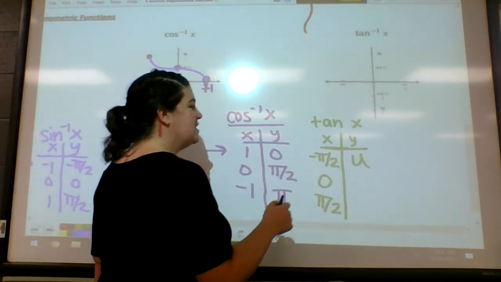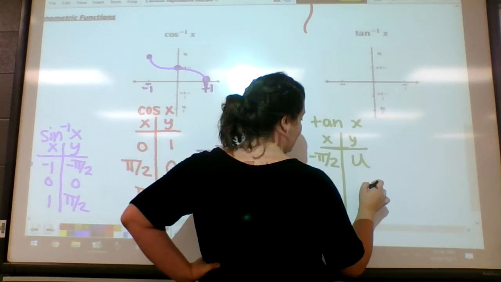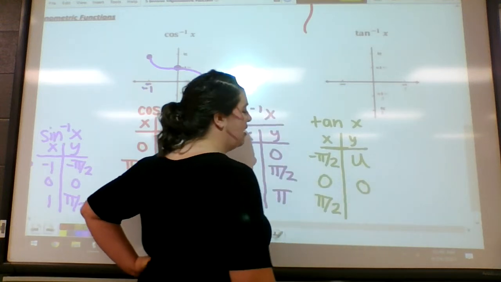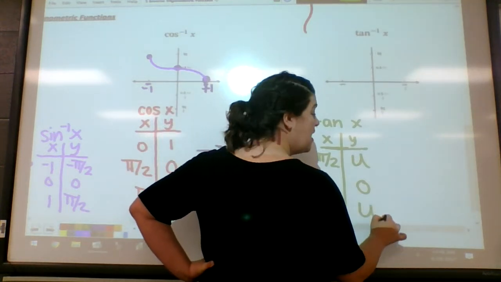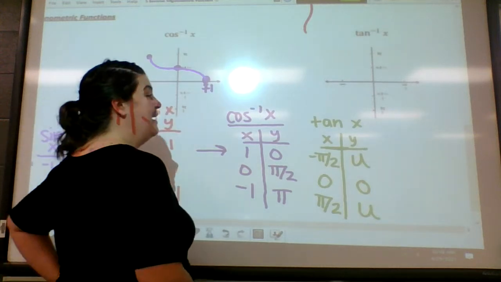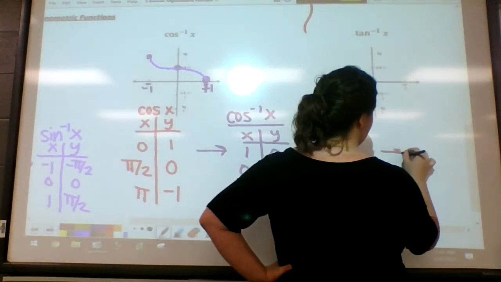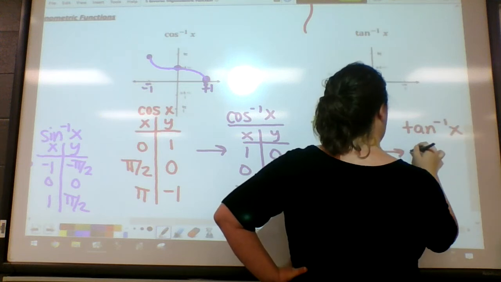It's undefined, which means there's an asymptote, yes. Tangent of 0 is 0, and tangent of pi over 2 also undefined. Now this is tangent, so we need tan inverse, so we're going to have to do some flipping around, yes?